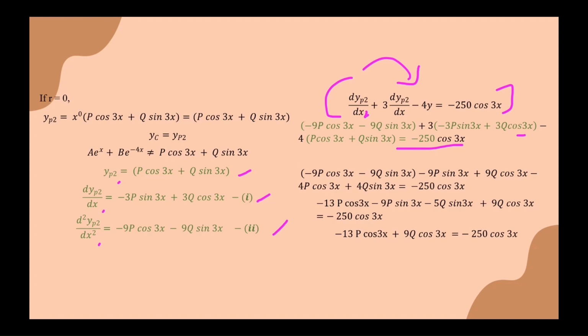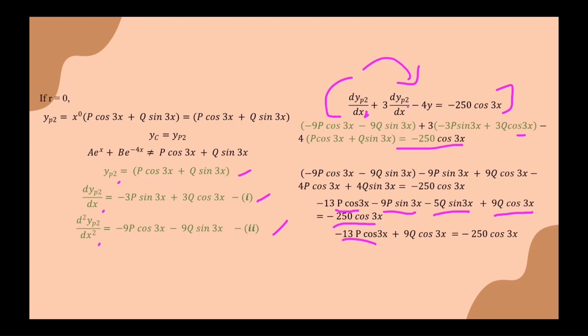You need to expand it. Once you expand it and simplify, plus and minus everything, you will be left with negative 13p cos 3x minus 9p sin 3x minus 13q sin 3x plus 9q cos 3x equals negative 250 cos 3x.